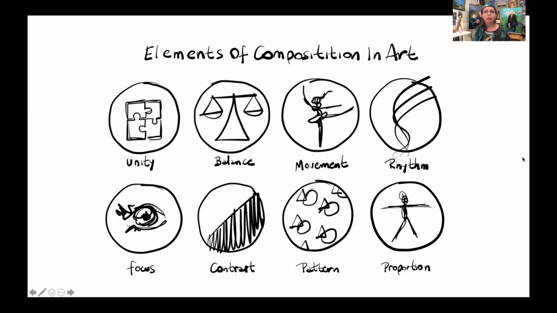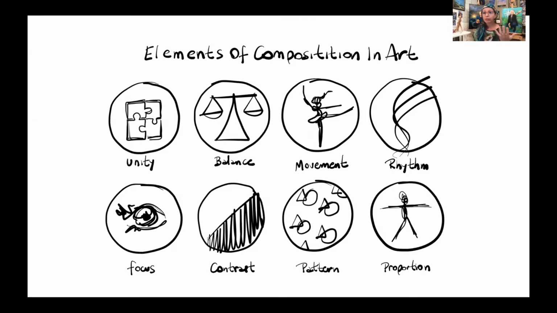First, I'd like to talk to you about all of those possibilities. When you study composition, you're going to look at the unity of your piece, how everything comes together. You're going to look at balance to see if an element is stronger than another and how it relates to the whole piece itself. We're going to talk about movement.